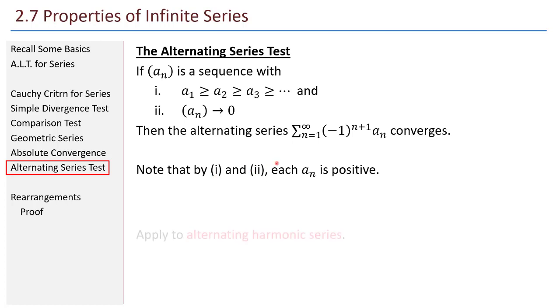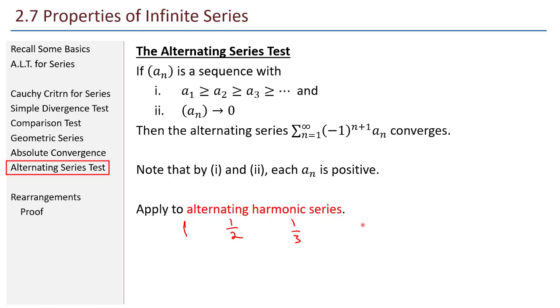Sorry, by 1 and 2, each term is positive. The alternating harmonic series. So how about 1, 1/2, 1/3, 1/4, 1/5, 1/6. There's my sequence of a's. This sequence is decreasing, all of these things are positive, and it converges to 0.